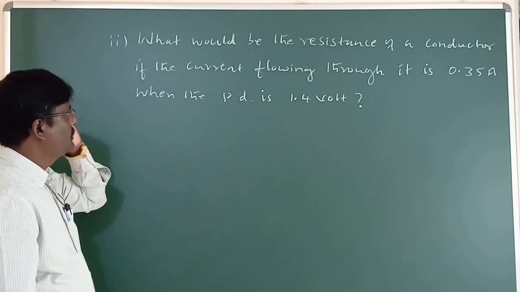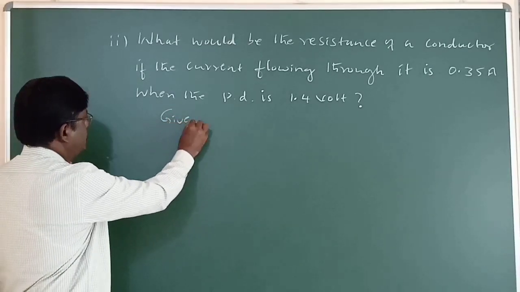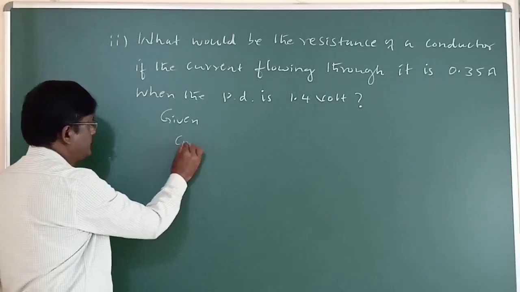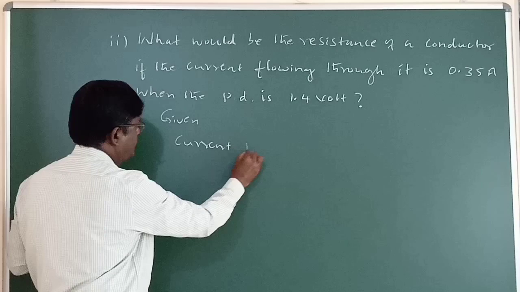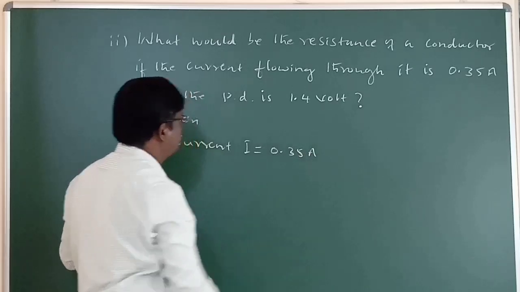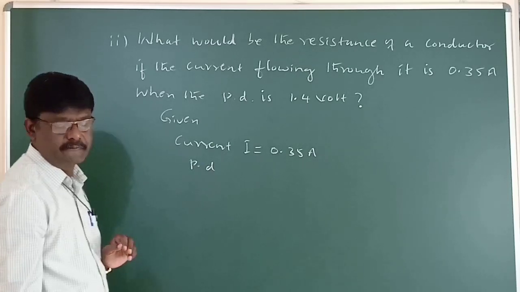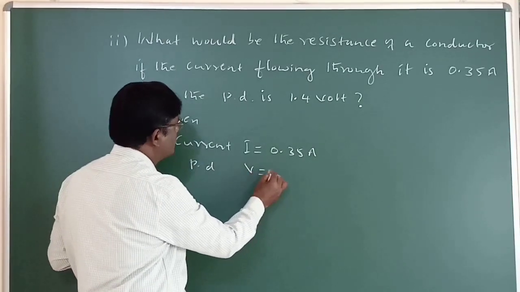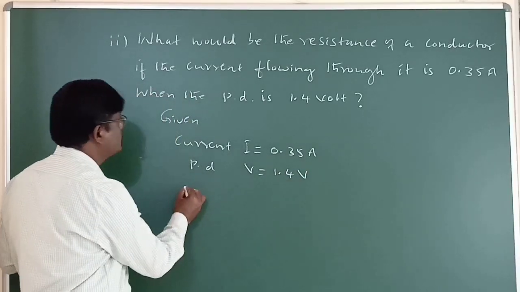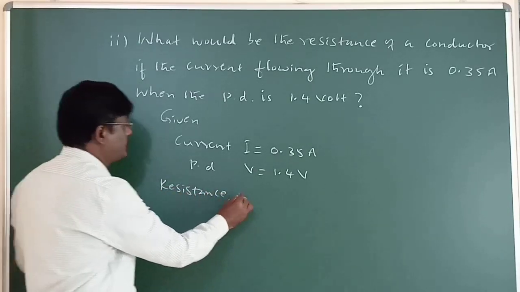Now, in the second one: what would be the resistance of the conductor if the current flowing through it, I, is 0.35 ampere, when the potential difference V is 1.4 volt? What would be the resistance, R?